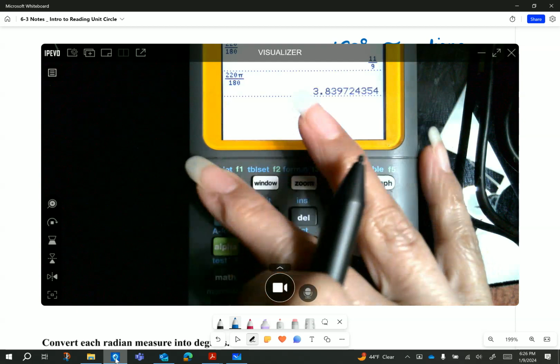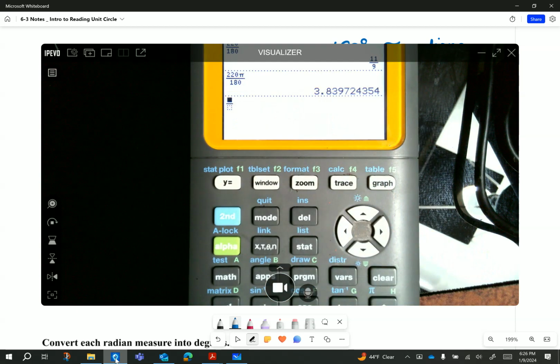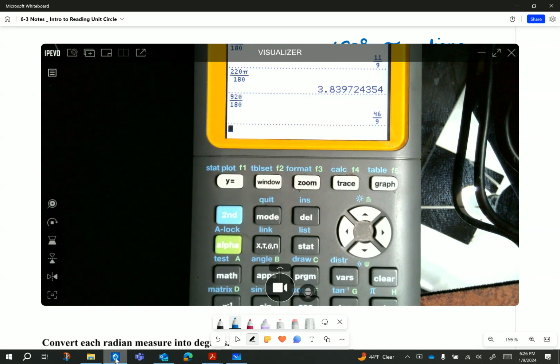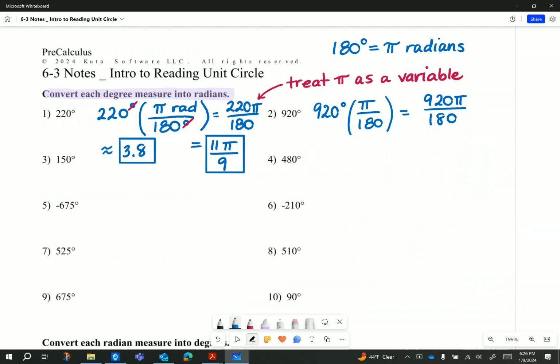So alpha y equals, hit enter, 920, arrow down, 180. Notice I didn't type the pi, and I get 46 over 9. So my answer for this one would be 46 pi over 9.